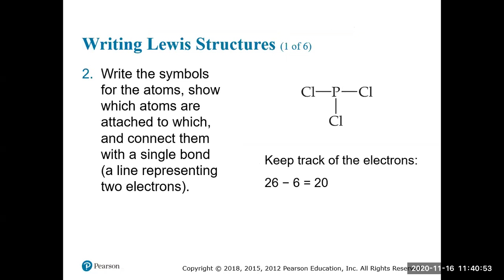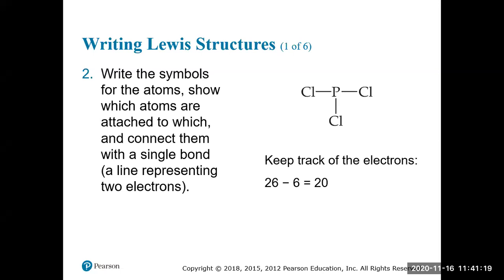We said before that those shared electrons, the bonding electrons, we can represent by putting the dots in, but it's probably a little easier to draw a line between the atoms. And that line represents 2 shared electrons. So let's go ahead and start by putting phosphorus as our central atom and then attaching the 3 chlorine atoms to it.